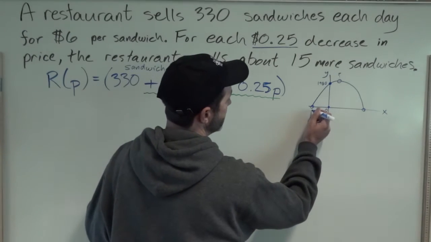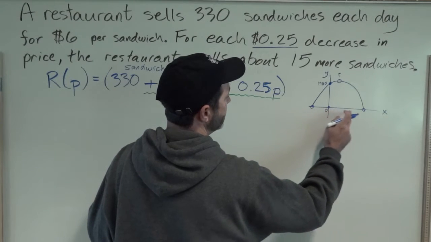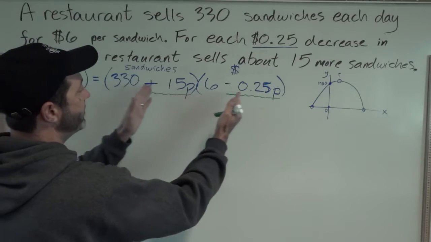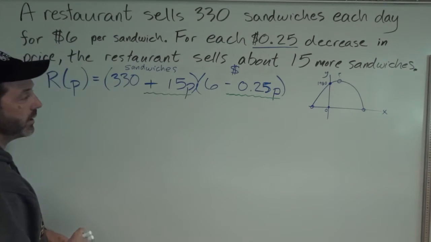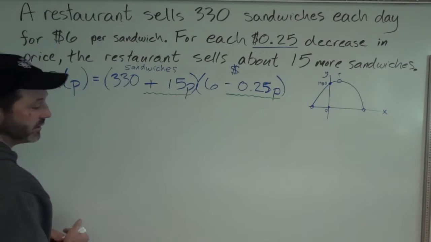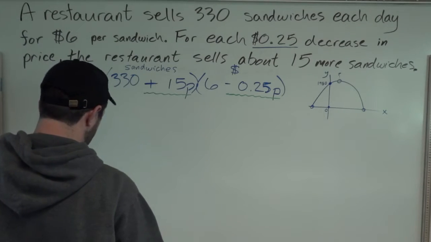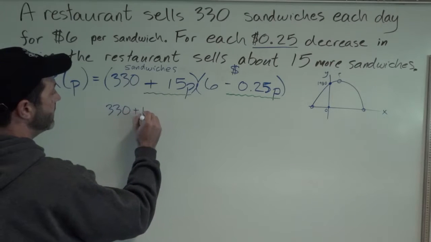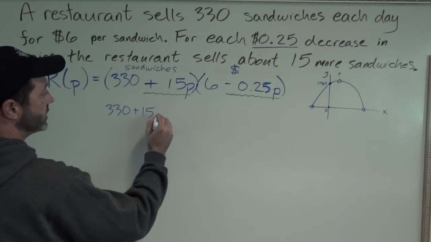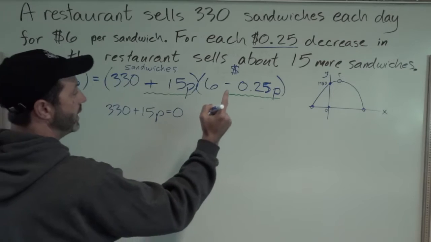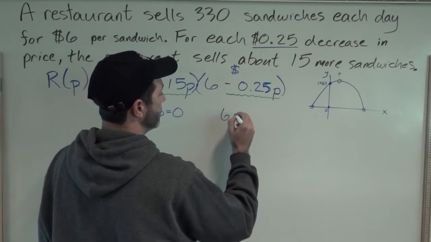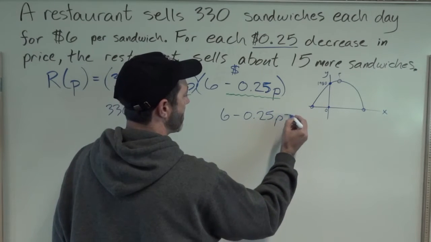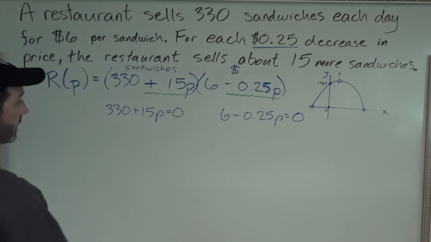Can I find those intercepts when y is 0, when the function is 0? Yes, I can. In fact, I'm set up to do it right now. I don't have to factor anything. It's already factored. So, I want to know, when does this factor create a 0 for the function? And when does this factor create a 0 for the function? I need to solve both of them.